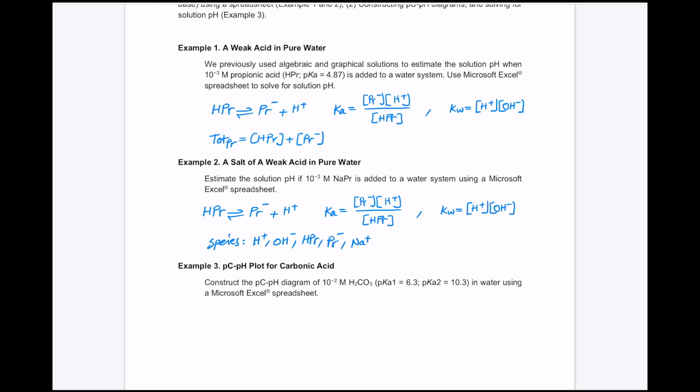That's the biggest difference between here and the previous example. Our job is to develop a Microsoft spreadsheet to calculate the solution pH with all of these species, and see how the pH differs from the previous case when we added only HPR.